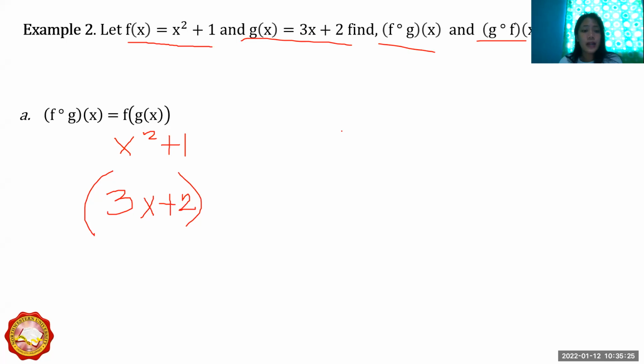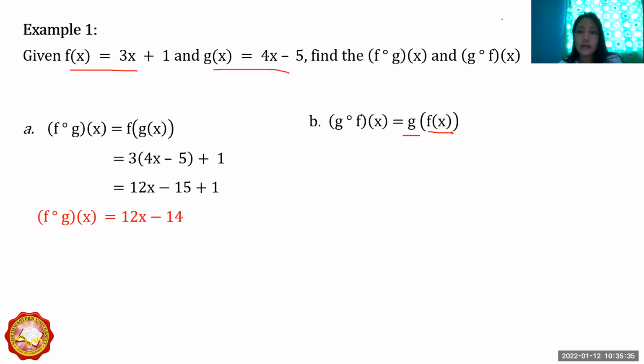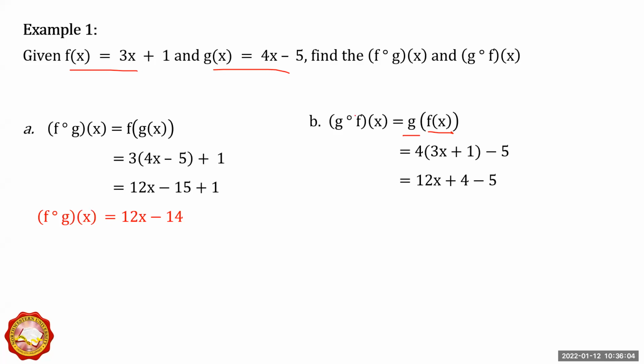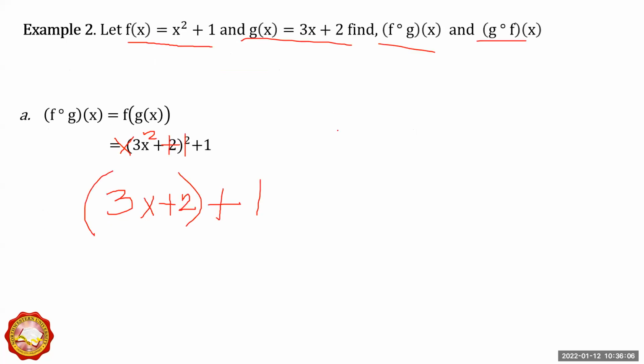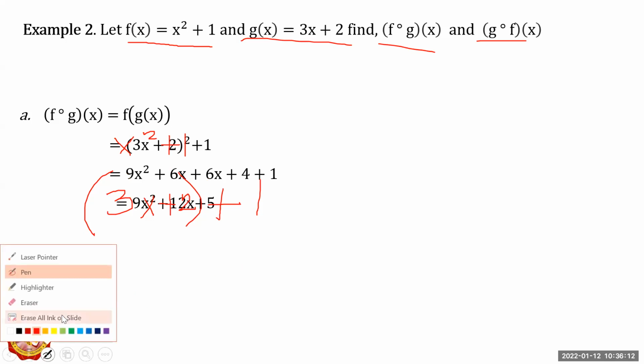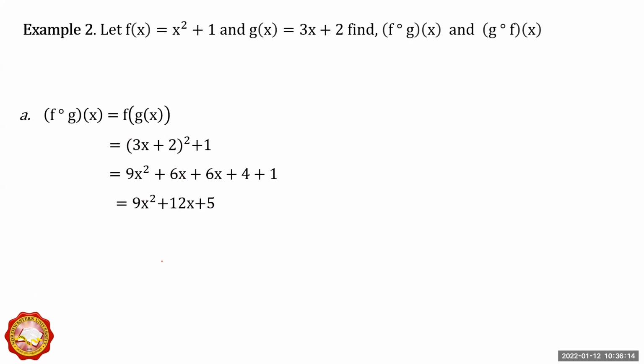Okay. So, that would give you 3x plus 2 squared plus 1. By simplifying further, you'll be able to get 9x squared plus 12x plus 5.